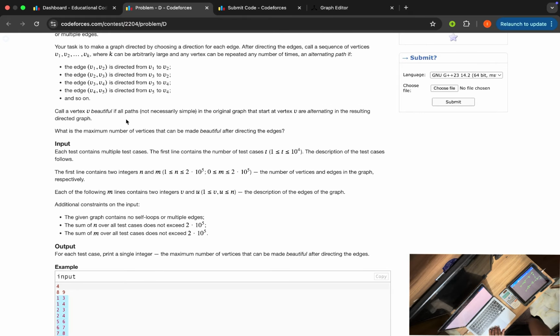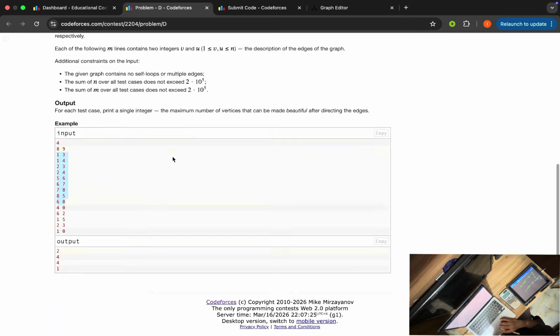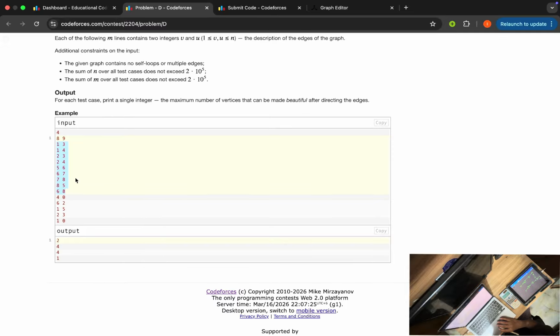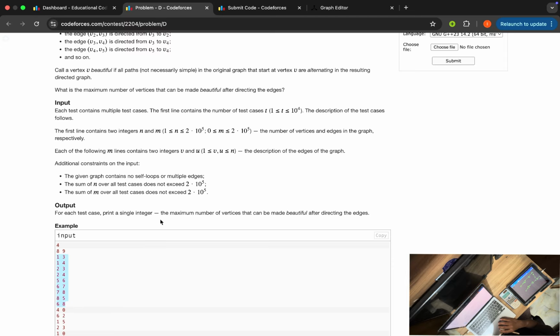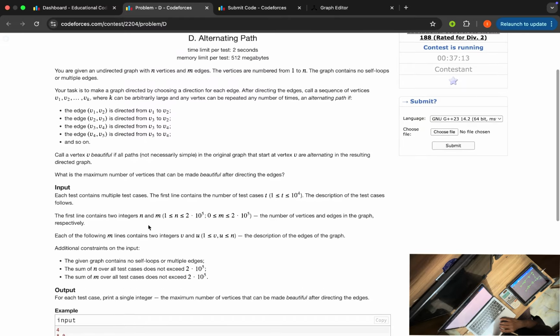Call a vertex beautiful if all paths, not necessarily simple, in the original graph that start at vertex u alternate in the resulting directed graph. What is the maximum number of vertices that can be made beautiful after directing all edges? Each test contains multiple tests. Why is it 2? For each, the maximum number of vertices that can be made beautiful after directing the edges.